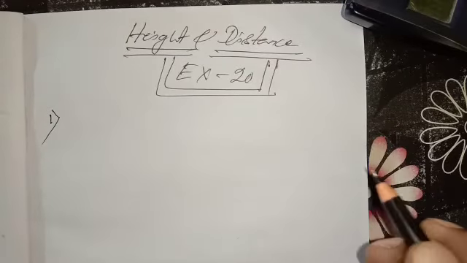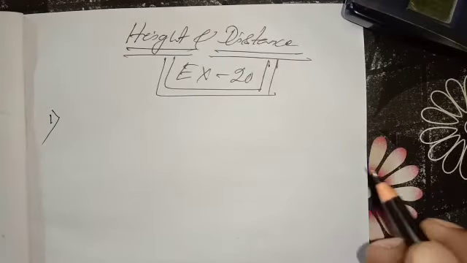First of all, you have to explain what is AB. Here, AB equals the height of the electric pole, which is equal to 10 meter, and BC, that is the length of the shadow, is equal to 10 root 3.